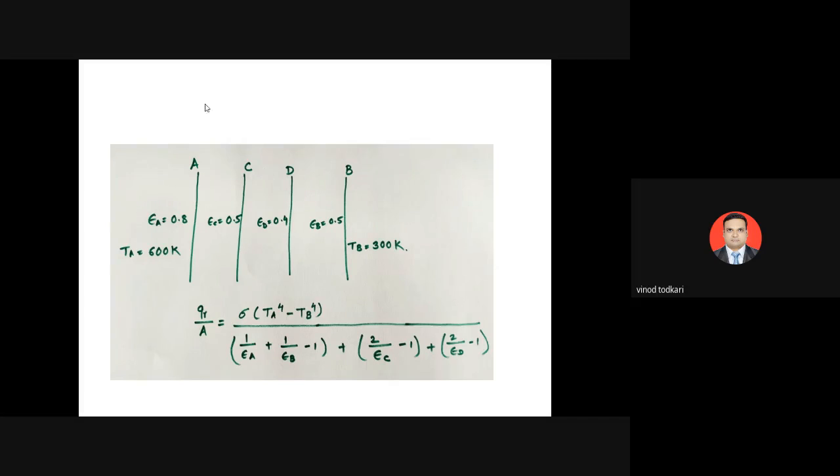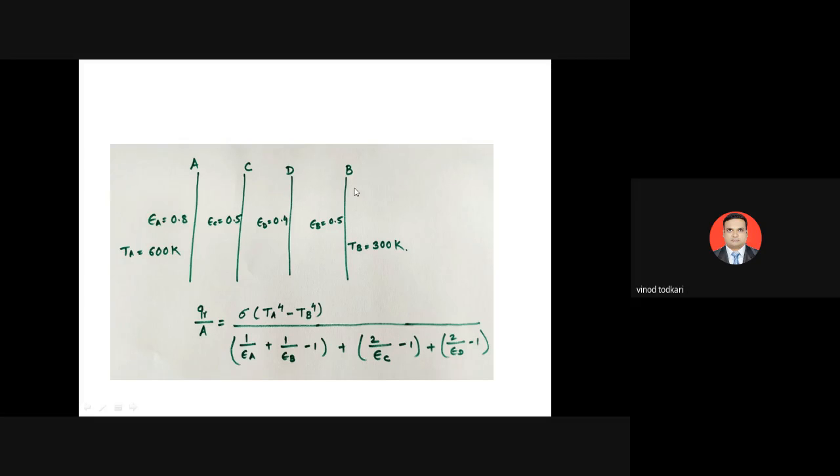Similarly, how can I find the temperature of plate D? I have three options. Either I can consider exchange from plate A to D, but there again I have to consider this heat transfer rate, or simply I can consider heat transfer from D to B. If I consider heat transfer from D to B, which expression can I write?